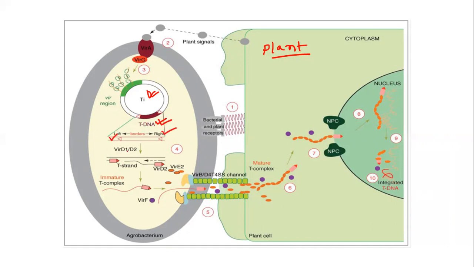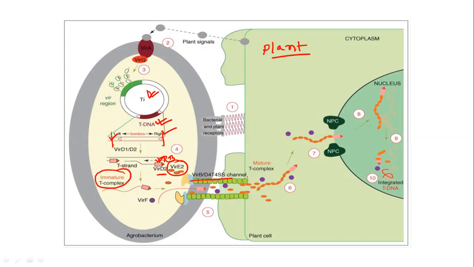Now here VD1 and VD2 come and cut here. Here we can see VD2 and VE2, and the VF complex, right? These are now the immature T complex.